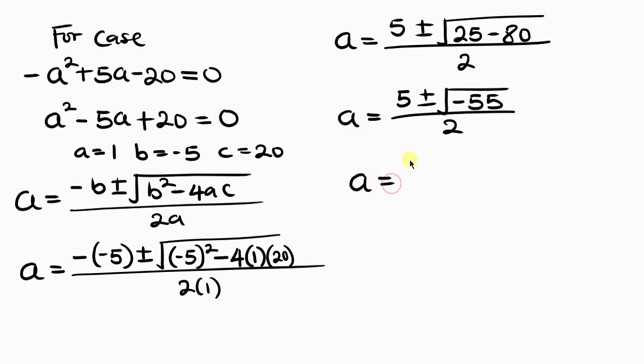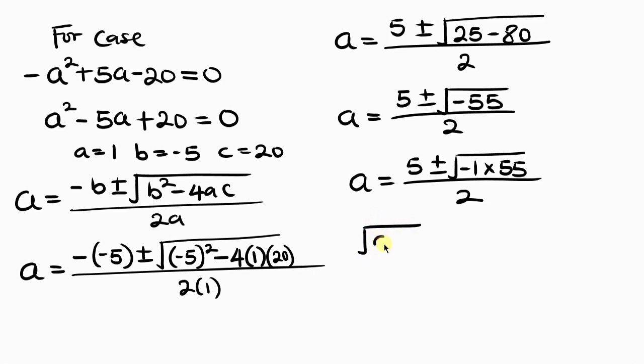Very good. So now we can split this negative 55 so that we have a equal to 5 plus or minus the square root of negative 1 times 55, all over 2. Simplifying further, we know that whenever we have, for example, the square root of a times b, this is the same as the square root of a times the square root of b. So let's apply this to what we have here.